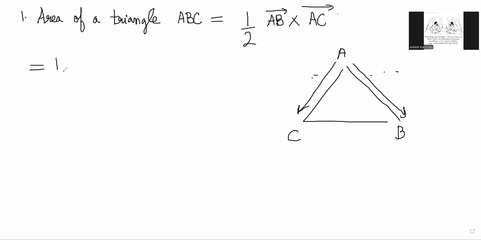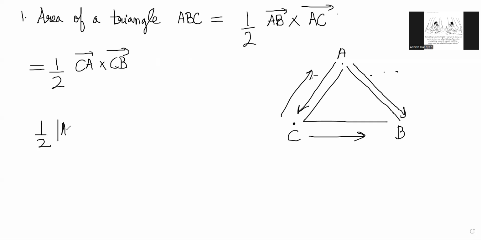Similarly, you can also write it as half of CA vector cross CB vector. The two vectors must originate from one particular vertex and go towards the other two vertices, and they should have an angle between them. The reason for it is obvious. You will get half of mod of AB vector, mod of AC vector, sine theta, where theta is the angle between these two.